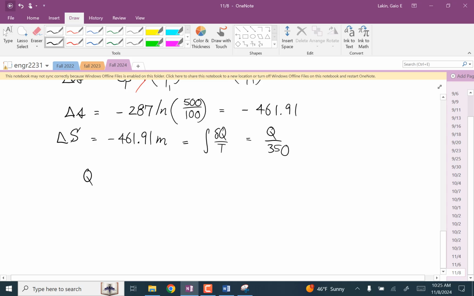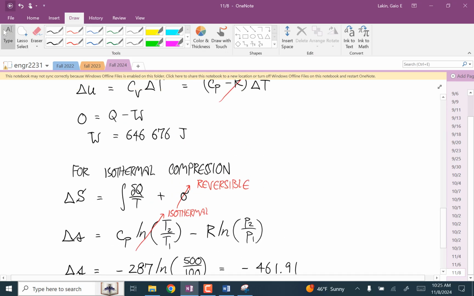And so Q is equal to about negative 161.725 M. And by the same reasoning, work is equal to negative 161.725 M. And this W should have an M here too.